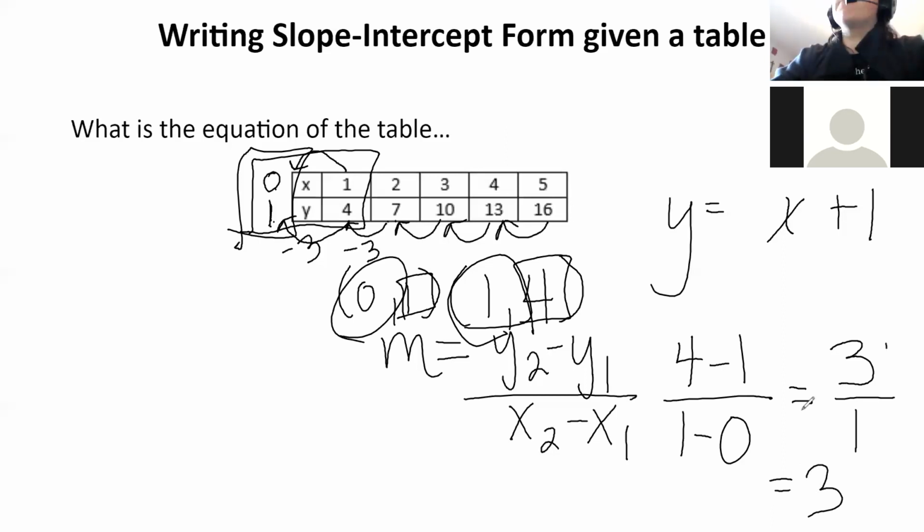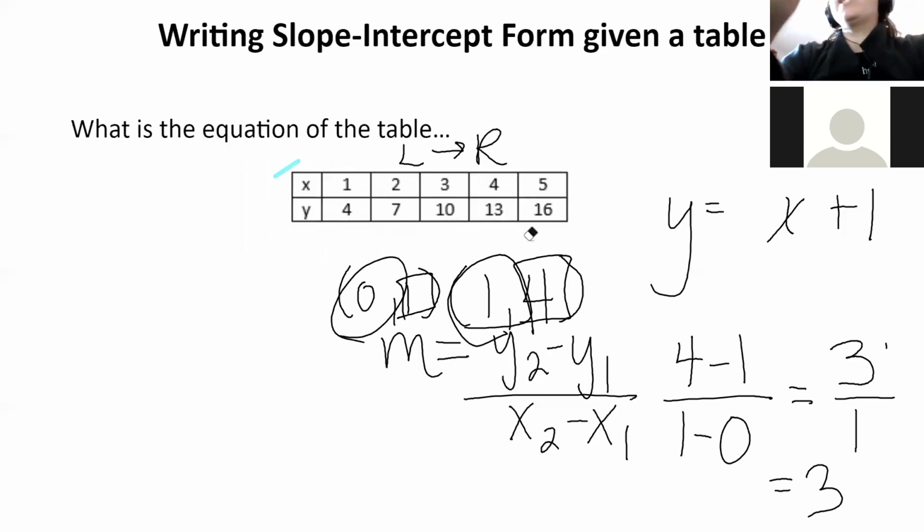And look, that's the same amount that our y's are changing. So you don't even need to do the formula, guys. You could just look at how your y's are changing as your x's get bigger. So you have to go from left to right. If you look at it from left to right, every time my x gets bigger, my y changes by 3. That's your slope.